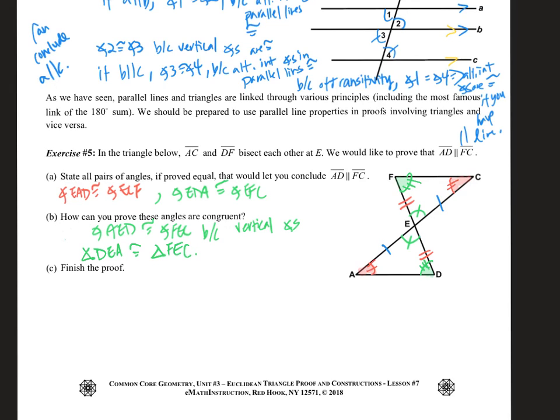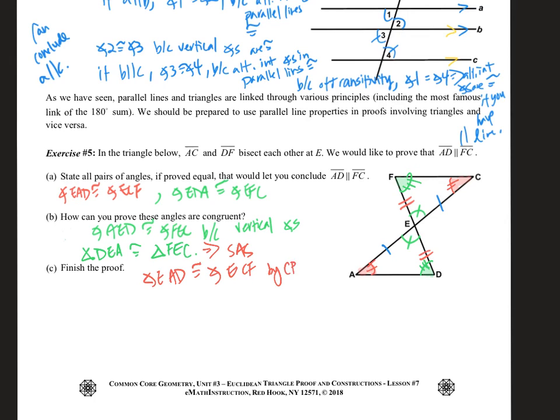There we go. Okay. And we were able to prove this, sorry, a little bit all over the place, by SAS, side, angle, side. And then finally, we were able to say that these two angles that we needed, so angle EAD, I'm just going to pick one, was congruent to angle ECF by corresponding parts of congruent triangles are congruent.